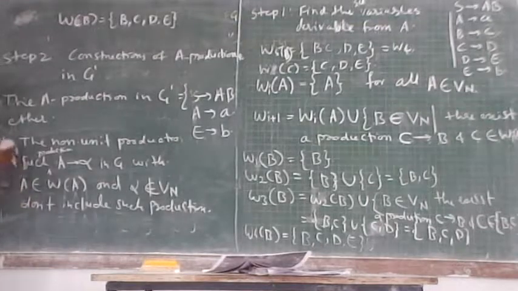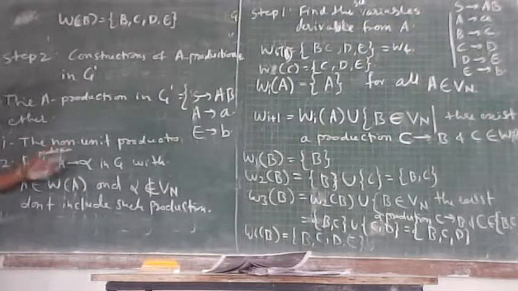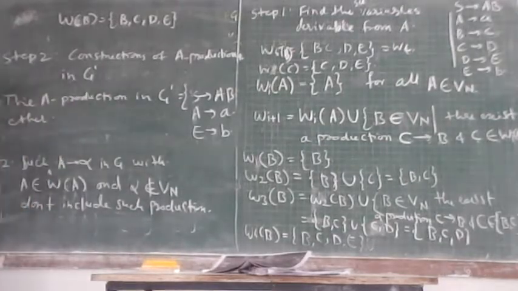So the second point; the first point, is it understood? First point, all non-unit productions you have to include. Please correct it.